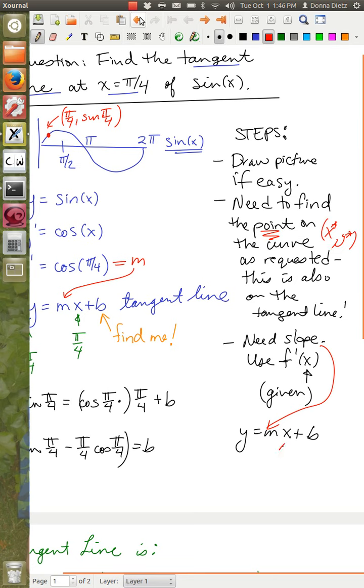Then the x star goes in the x spot, and the y star goes in the y spot. Solve for b. And then you reassemble. And that's how you find the tangent line of a curve.